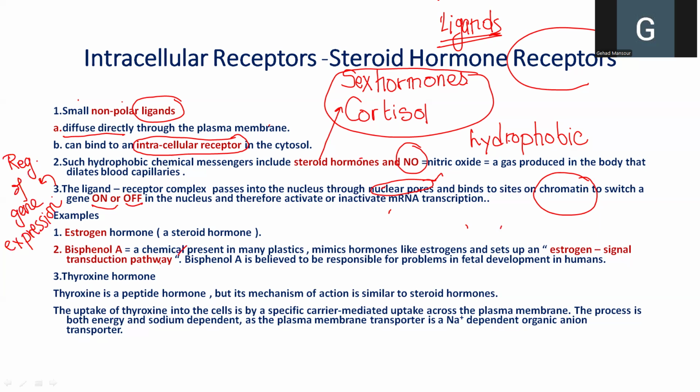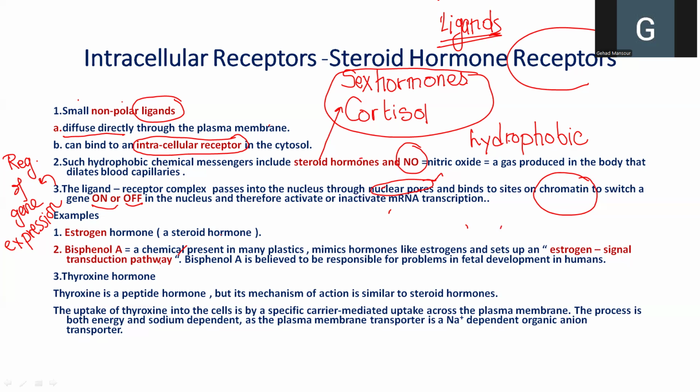Steroid hormones do not act like peptide hormones by formation of cyclic AMP and inducing biochemical reactions in the cytosol to produce a final cellular response, but they act through turning on a gene or turning off a gene, and therefore through activation or inactivation of all the processes afterwards, which are transcription of messenger RNA and then translation into a peptide.